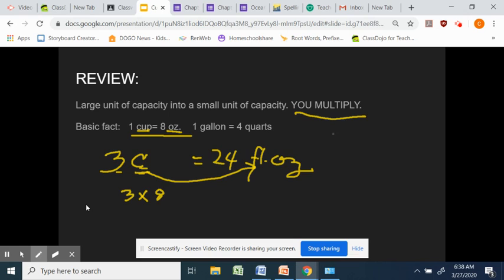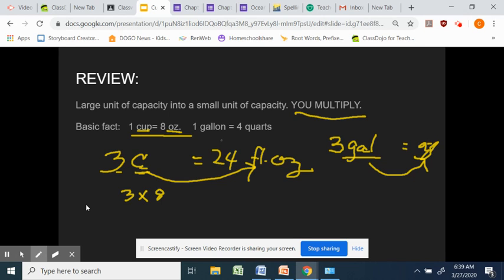Okay, so let's say Grandma, I don't know, Maria, went to buy 3 gallons of milk. And she said, you know what, I'm going to divide this among my 13 or however many grandchildren I have, so I can give them a quart each. So she has a large unit of capacity and she wants to convert it into quarts so she can give it away.